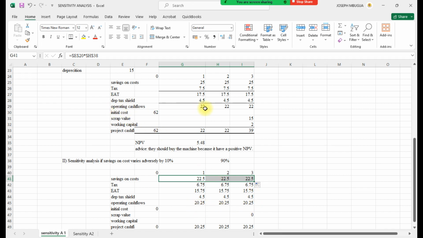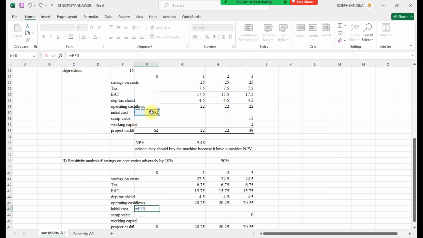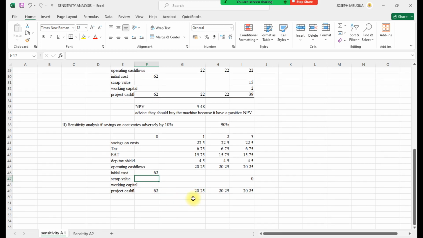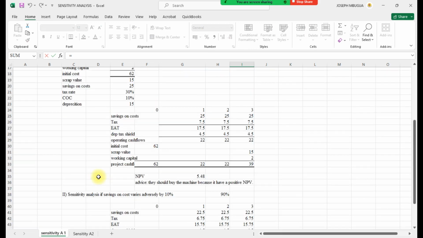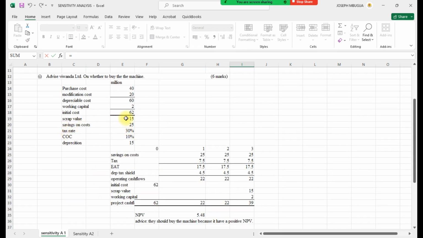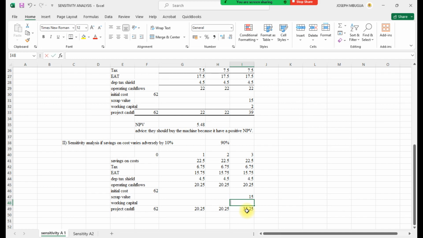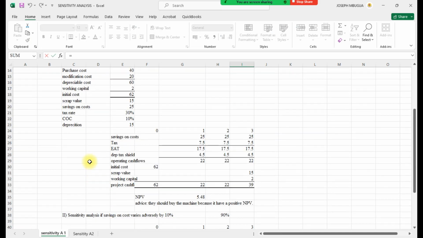Remember initially we had 22, but now it changes. So initial will remain the 62 that we had initially. Yeah, I had not copied the NPV. Okay, so the final values and our working scrap value will remain the value that we had, 15, and working capital will remain the 2 that we had.